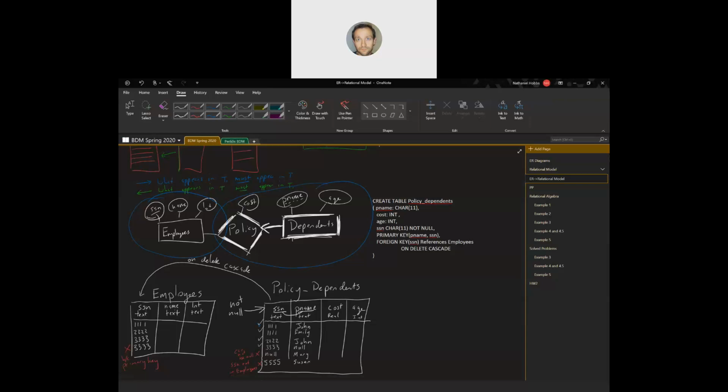You cannot have, let me do a different color. So this is okay. You could not have 1, 2, 3 tables. That's not okay. Or any other iteration. If you wanted to combine these tables and have the dependent table, that's also not okay.